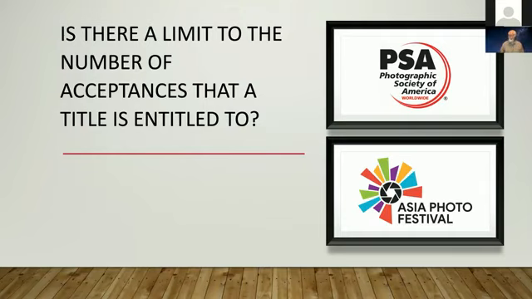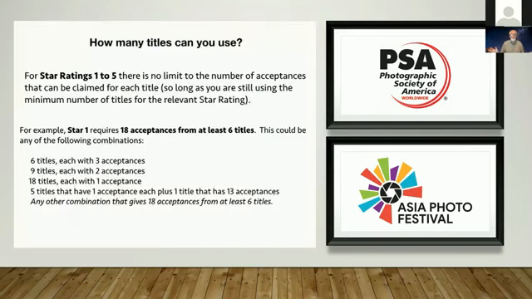But once you move into galaxies and diamonds, there's a limit to how many acceptances you can use for each title. So star ratings, no limit. And this is just the examples here, and that's just repeating the information that I told you before.